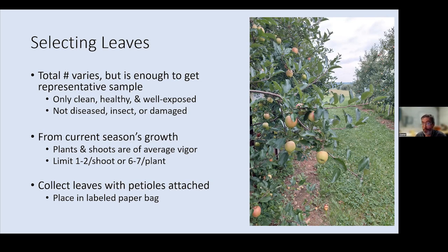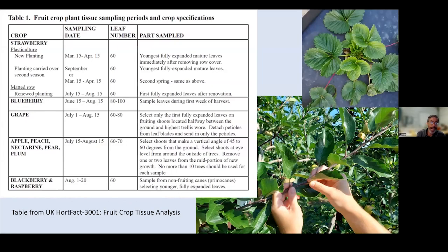Usually limit it to 1 to 2 leaves per shoot, and 6 to 7 per plant in general. Collect the leaves with petioles attached. Petioles are the stems on the leaves. Then place them in a labeled paper bag. Make sure it's labeled to indicate what the sample is if you're taking several samples, to avoid confusion.